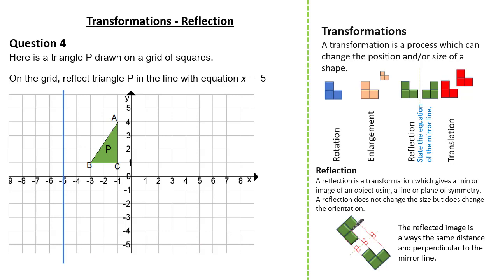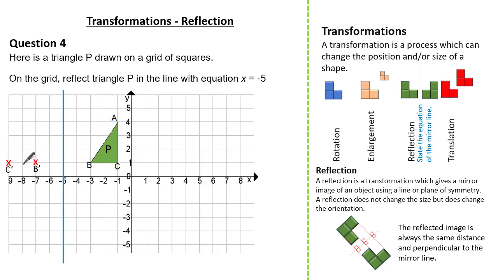Now, using our knowledge that the reflected image is always the same distance and perpendicular to the mirror line, let's count carefully. Perpendicular from our mirror line, you can see B is 2 squares away. So counting, we know gives B', which is 2 squares away. We know C is 1, 2, 3, 4 squares away perpendicular from the mirror line.